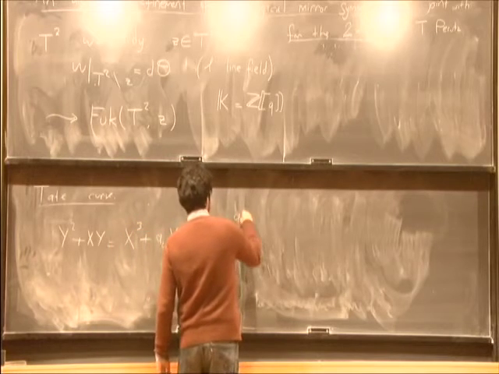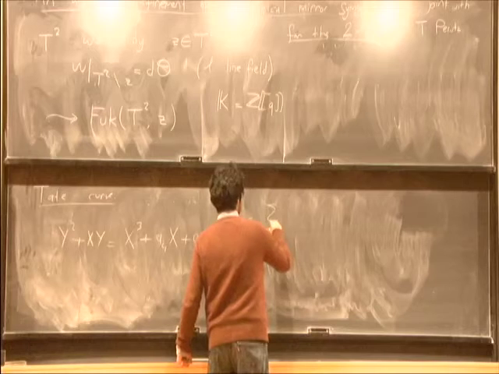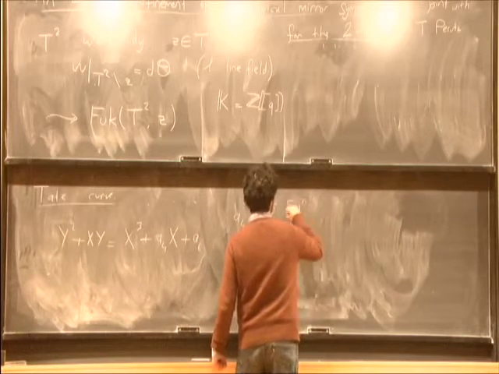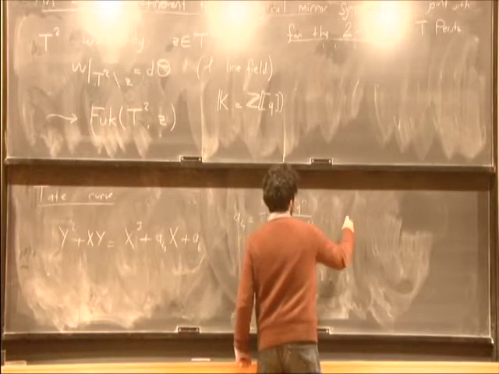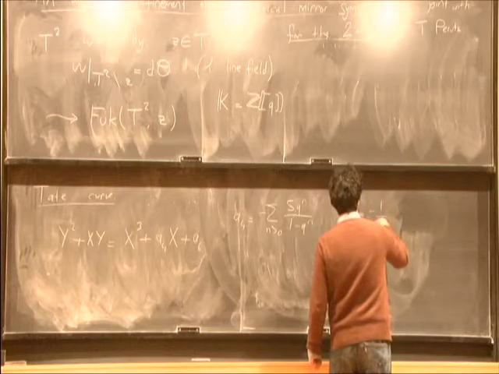And A4 is this explicit thing, and A6 is this explicit power series.